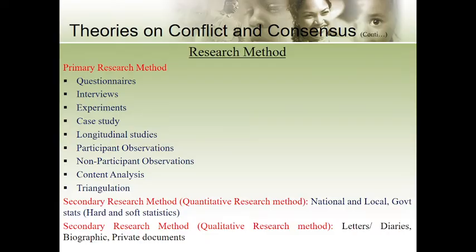Next we have longitudinal studies. Longitudinal studies, like cross-sectional studies, are observational. So once again, researchers do not interfere with their subjects. However, in longitudinal studies, researchers conduct several observations of the same subjects over a period of time, sometimes lasting many years.